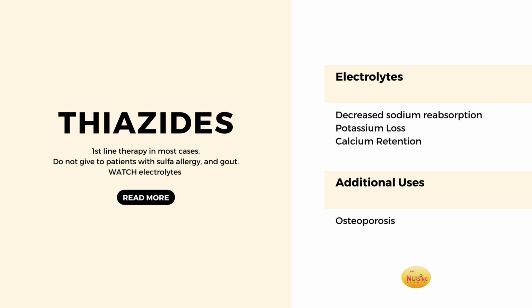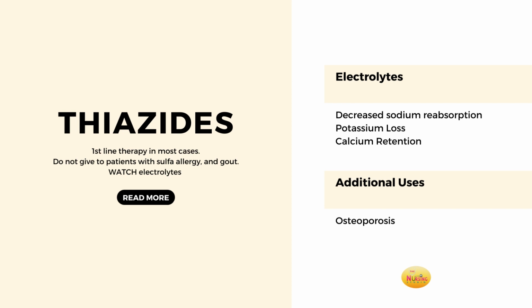And sidebar, that's where you'll see these additional uses. That's why thiazides are sometimes utilized with osteoporosis. Osteoporosis and osteopenia I discussed last week, so if you need to delve into that a little bit more, check that video out. I'll put it in the description.